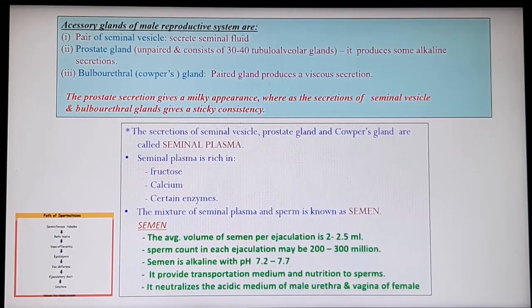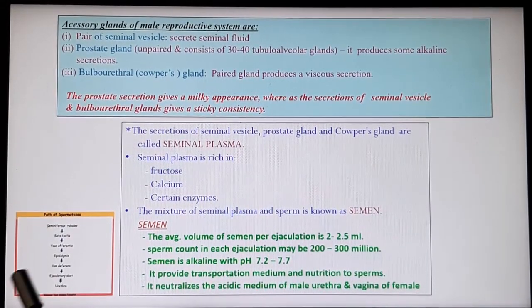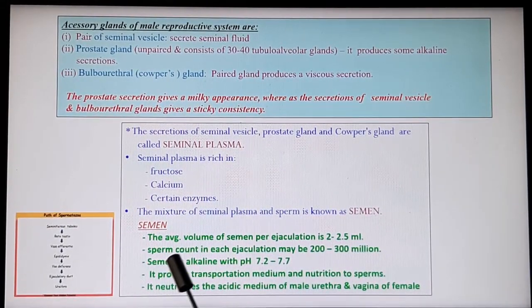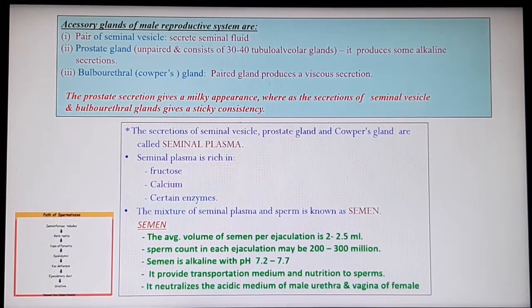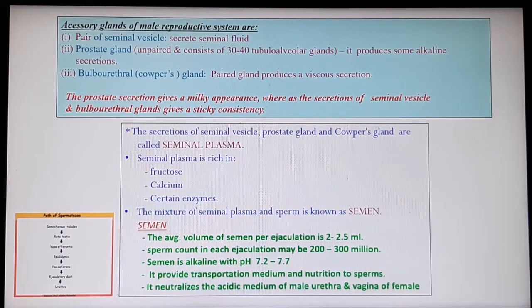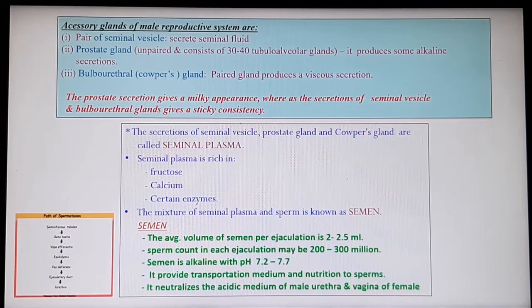Now see some characteristics of semen. The average volume of semen per ejaculation is about 2 to 2.5 ml. The sperm count in each ejaculation may be 200 to 300 million.